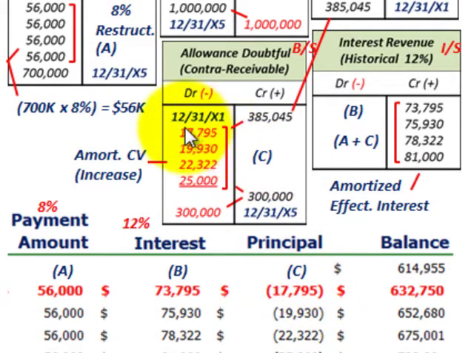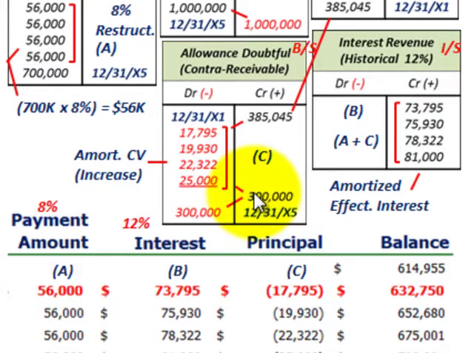So that would be our debit or a reduction in the allowance account. So at the end, we're going to come up with a balance of $300,000. That's going to be our allowance for doubtful accounts at the end of the fourth year.